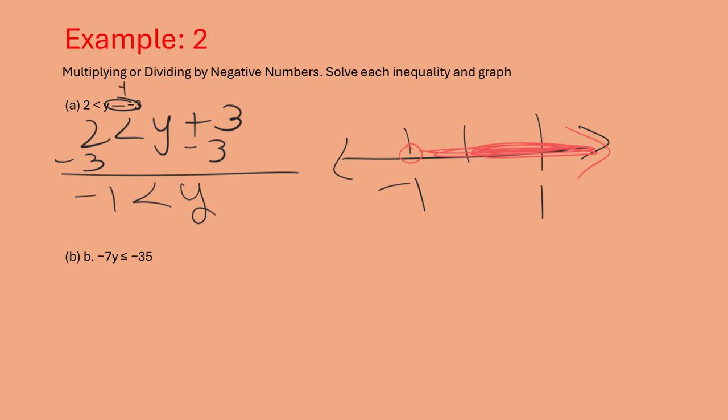All right, B, we have -7y is less than or equal to -35. What am I going to do here? I need to solve, I'm going to do what? Divide by what? Am I dividing by a negative? Yes, right? So that means y is now what?